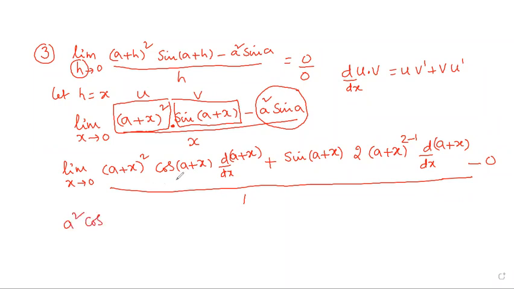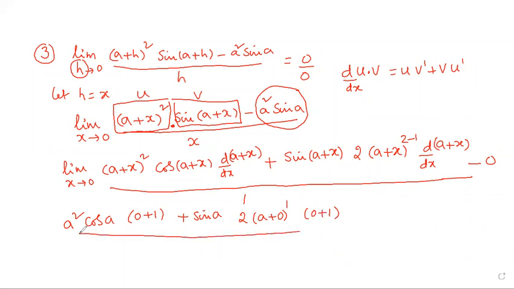Cos of a plus 0 is cos a. A derivative is 0, x derivative is 1. Sin of a plus 0 is sin a. 2 into a plus 0 whole power of 2 minus 1 is a to the power 1. Derivative of a is 0, x derivative is 1. The denominator is 1. Right.